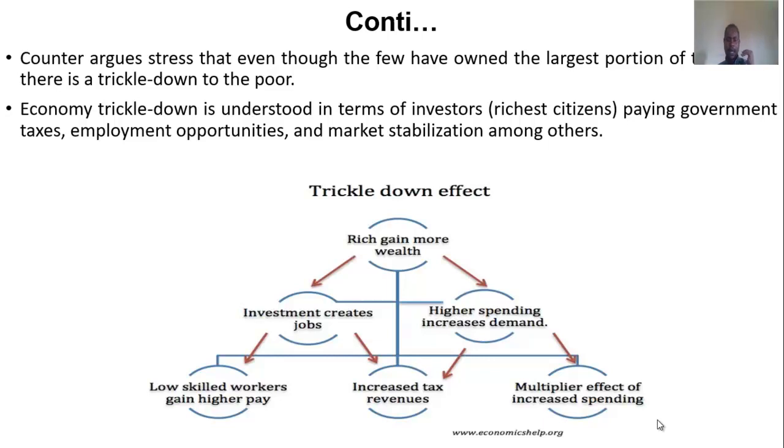And another way that the richest people can help the economy is through higher spending, because when they invest, they have to buy raw materials. They have to buy different requirements for their investment, the materials from the poor section of the society, and then they increase the demand in the market, and when the demand increases in the market, they will buy a lot, and when they buy, they pay taxes.